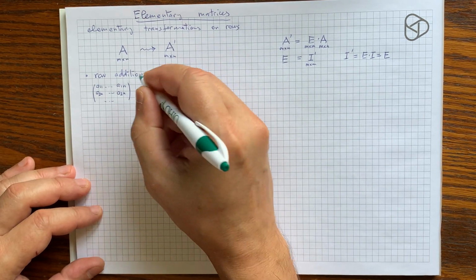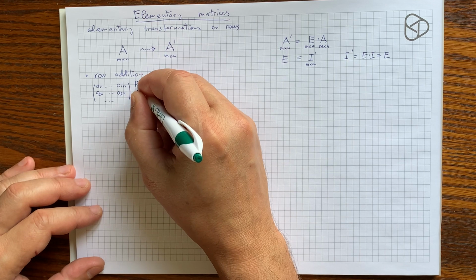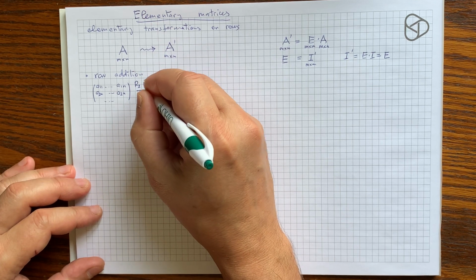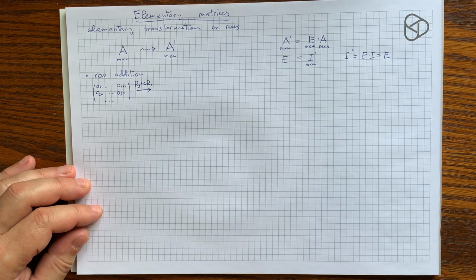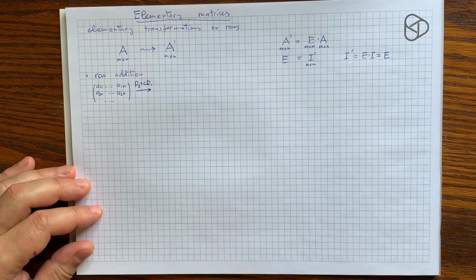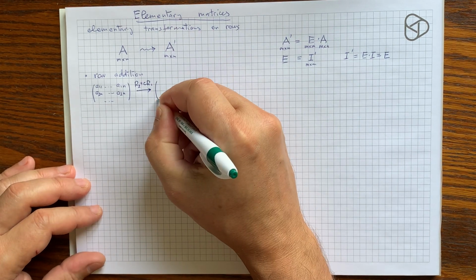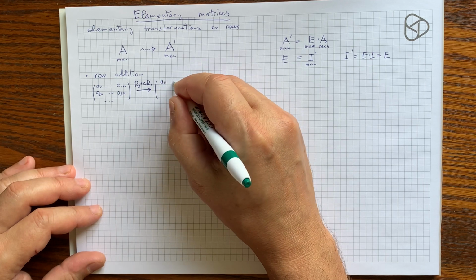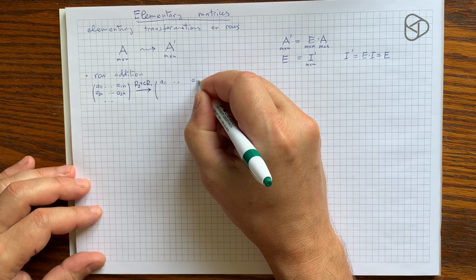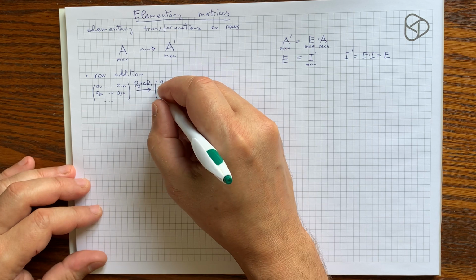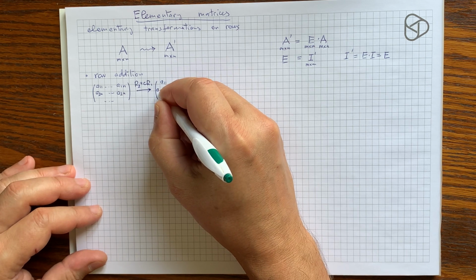The row addition, say transforming row 2 with the help of row 1, namely adding a multiple, C multiple, of row 1 to row 2, we will have the matrix where the first row will be still the same as in the original one, and the second will be transformed.